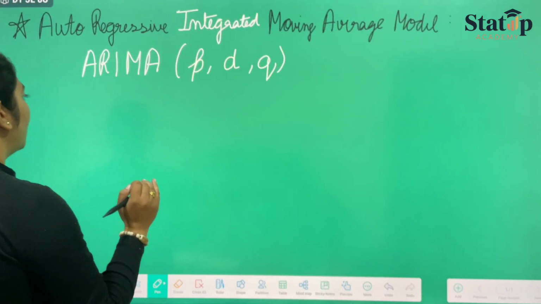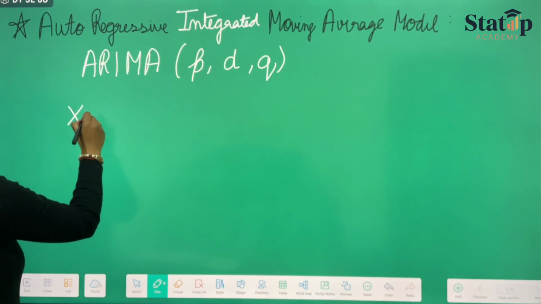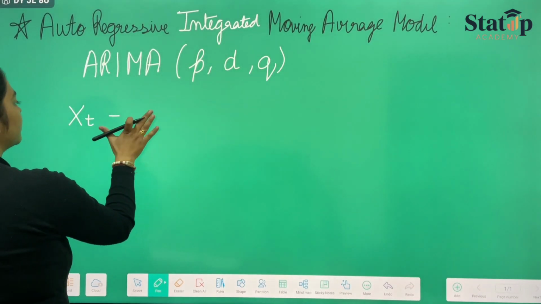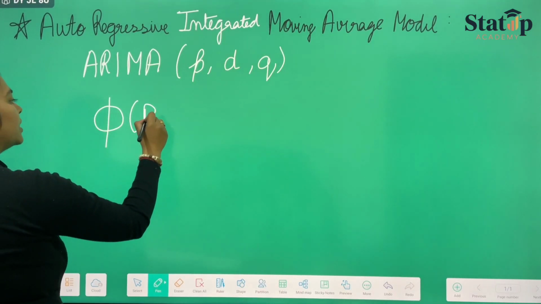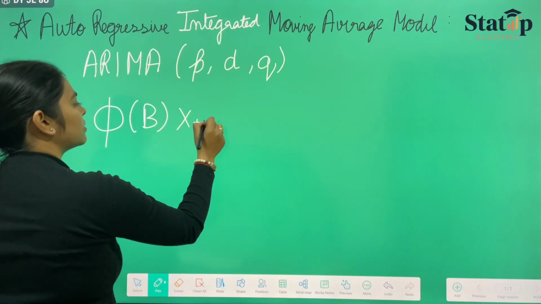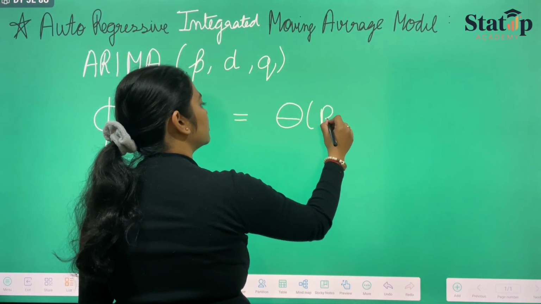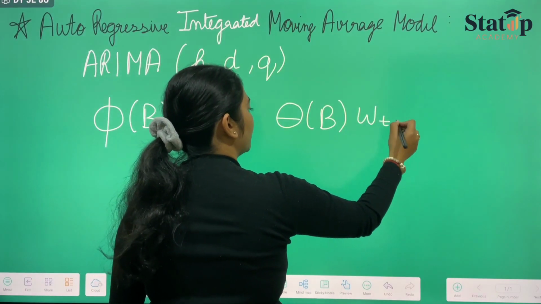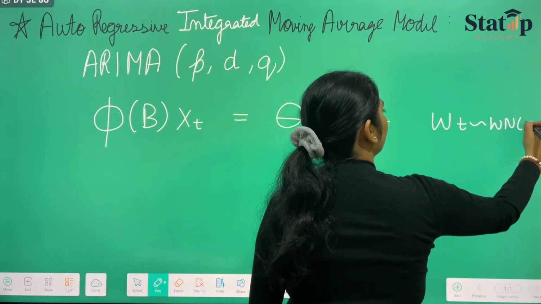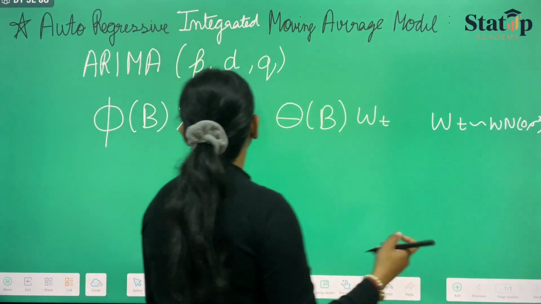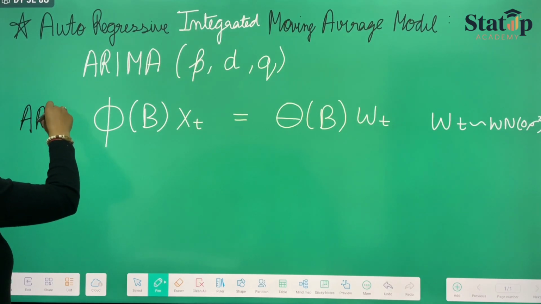moving average. Now, if we take the ARMA model, we can write phi(B) xt equals theta(B) wt, where wt is white noise with mean 0 and variance sigma square. Now, this was our auto-regressive moving average model.